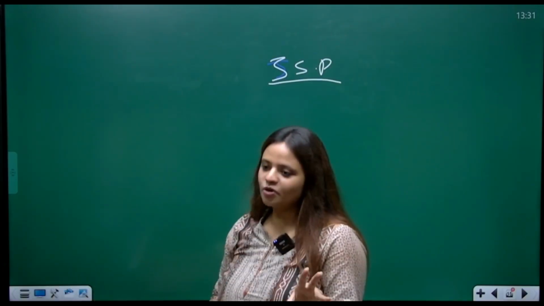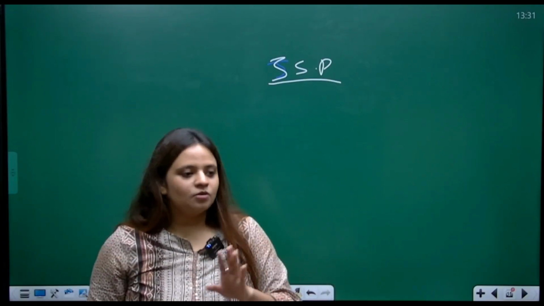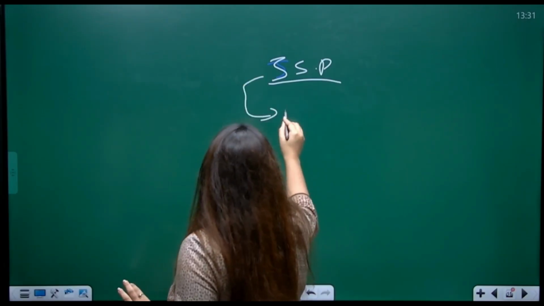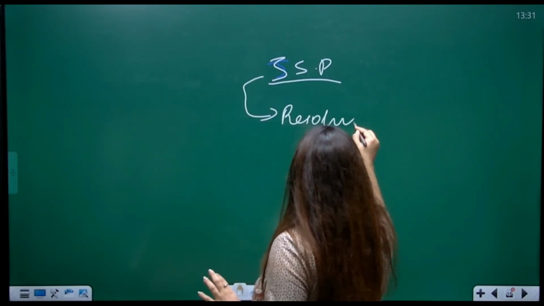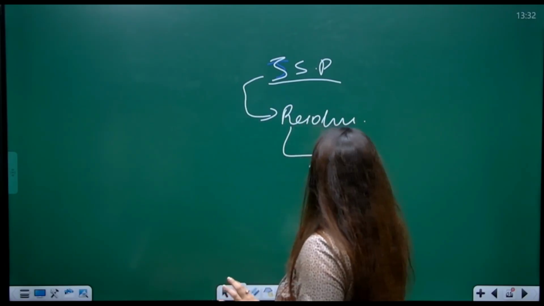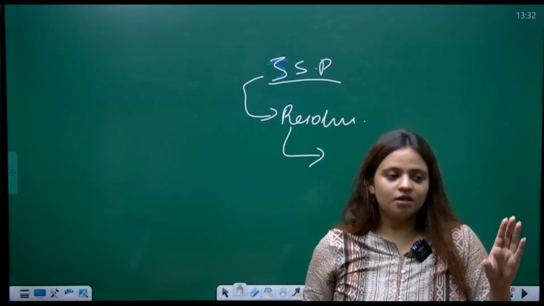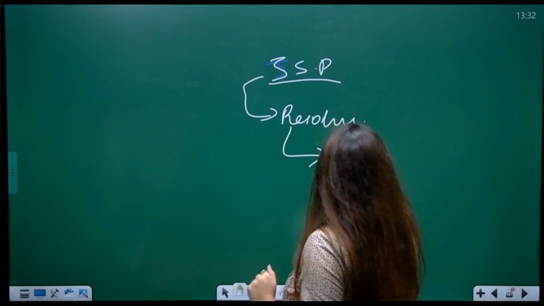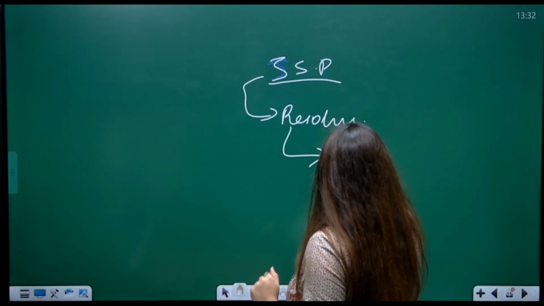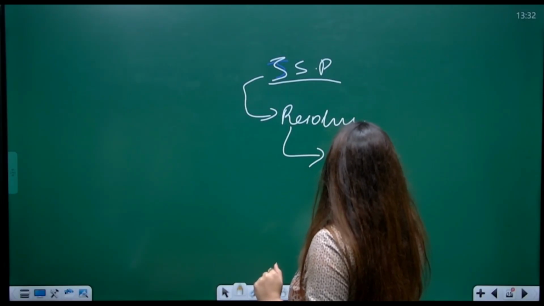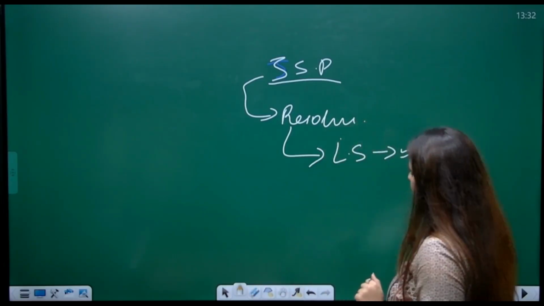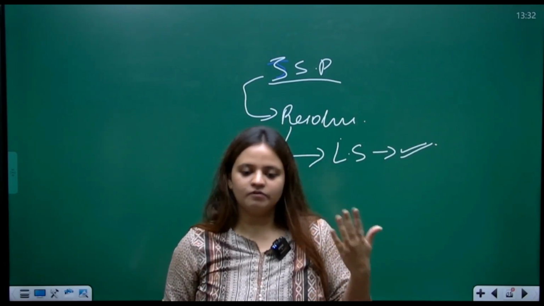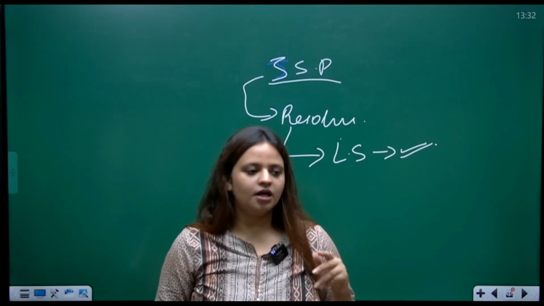And in case there is no resolution coming out of it, if the matter is not able to be resolved, then the opinion of Lok Sabha is taken into favor.